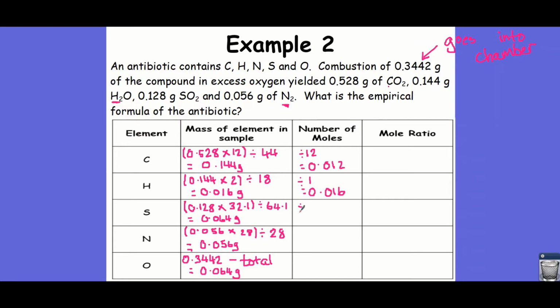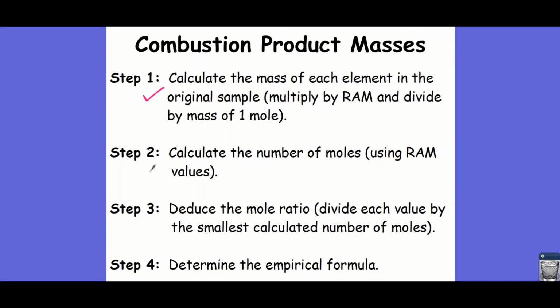We're going to divide by 32.1. And that gives us 0.002. For N, we take our 0.056, divide by 14 to give us 0.004. And then for oxygen, dividing by 16, which gives us 0.004 as well.